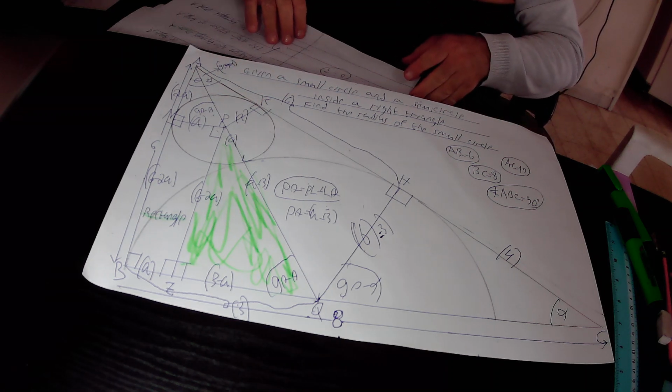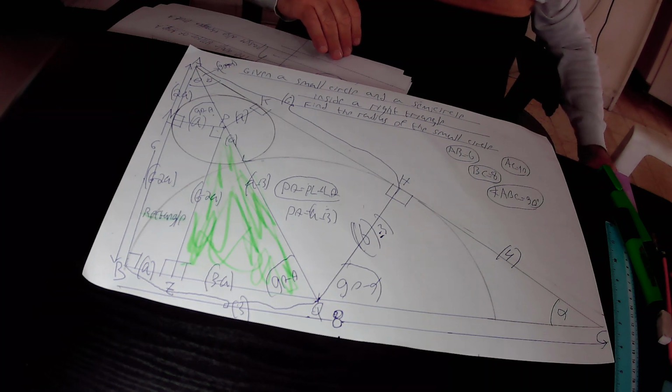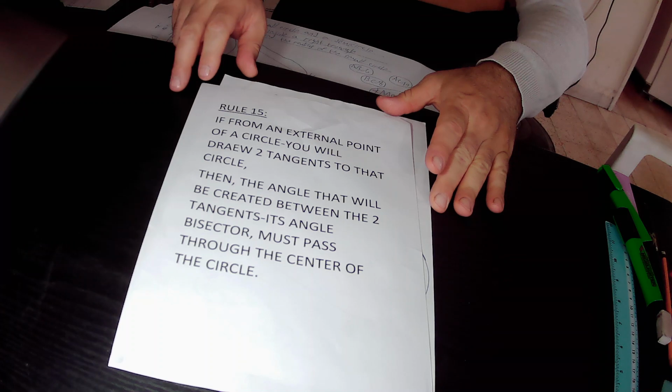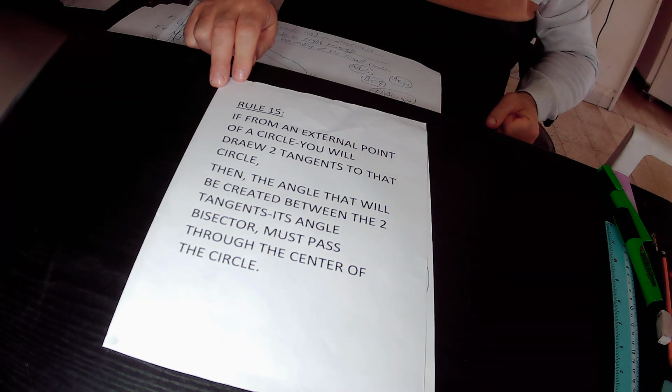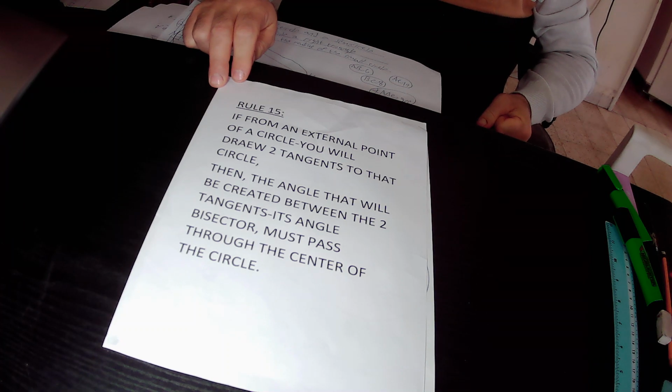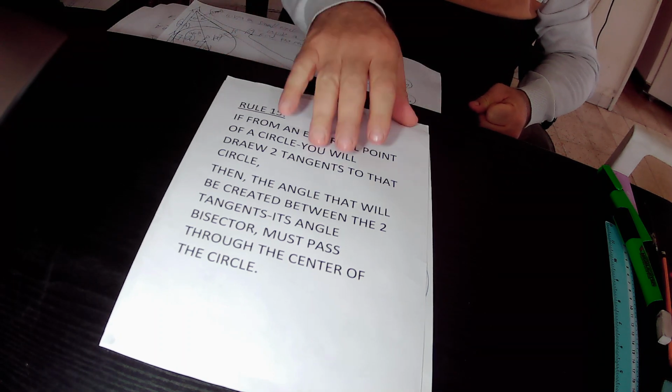In the next step, I present a new rule and we implement it in our drawing. The new rule is rule 15. According to rule 15, if from an external point of a circle you draw two tangents to that circle, then the angle created between the two tangents has an angle bisector that must pass through the center of the circle.